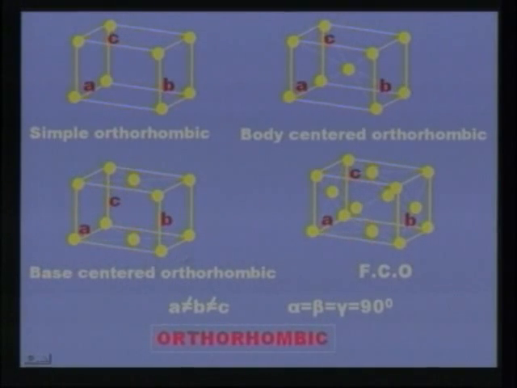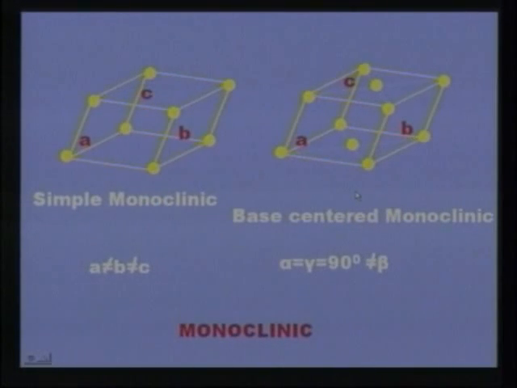The remaining atoms are arranged at the corners. Similarly, in face centered orthorhombic the atoms are arranged on the faces of the structure including the atoms at the corners of the structure.